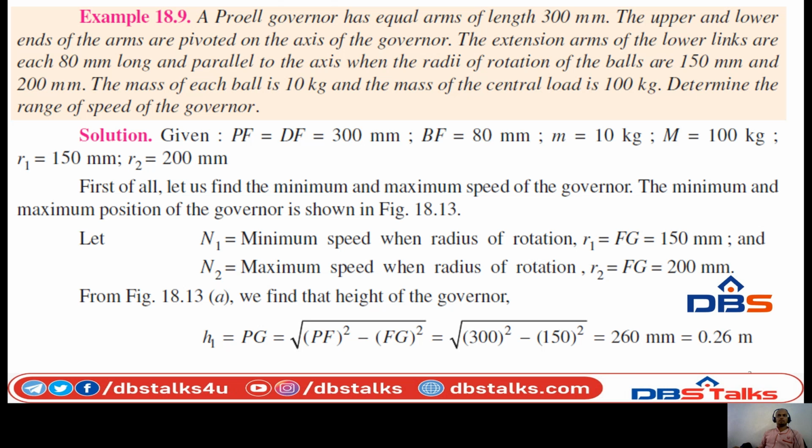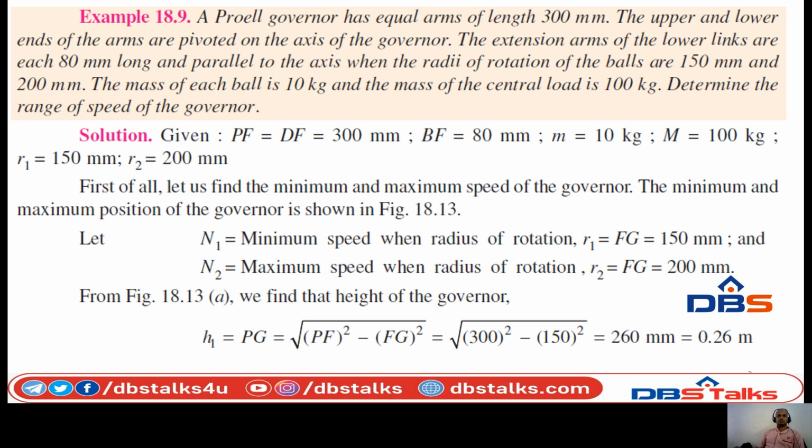Here is a problem: a Proell governor has two equal arms of length 300 mm, and the upper and lower ends of the arms are pivoted on the axis of the governor.